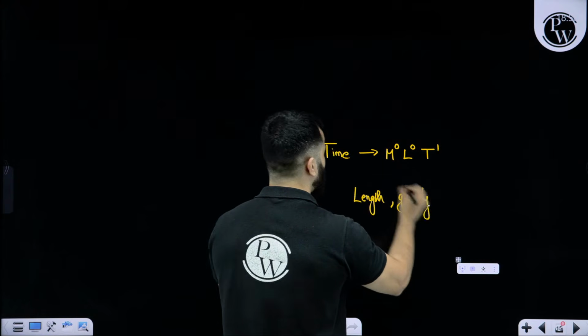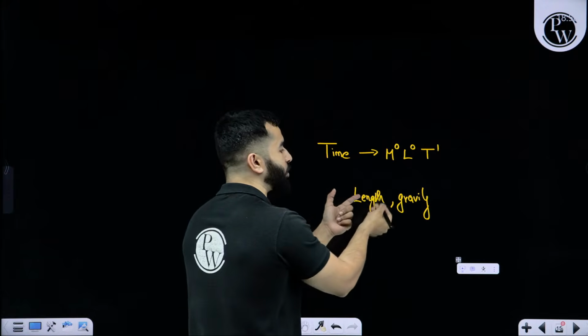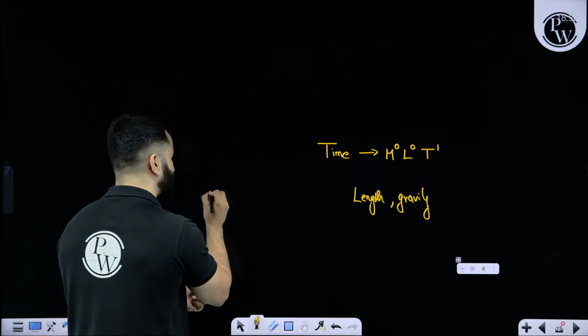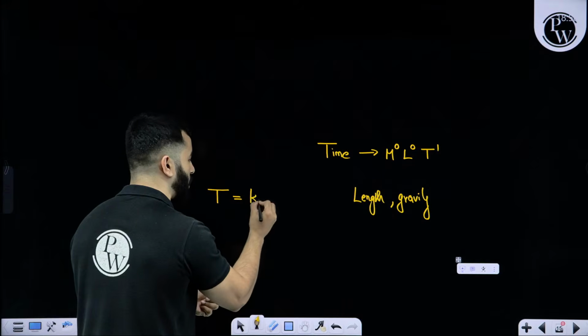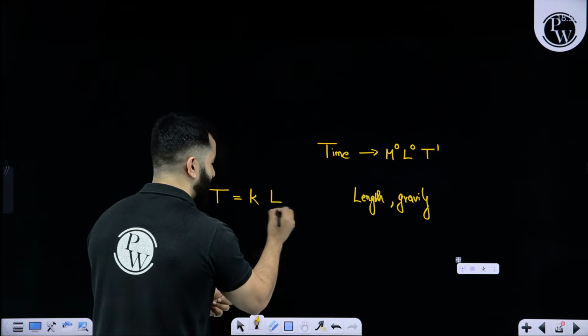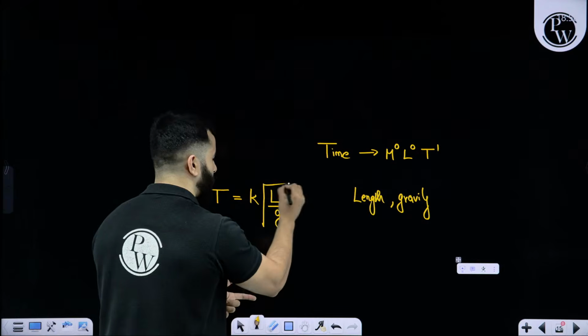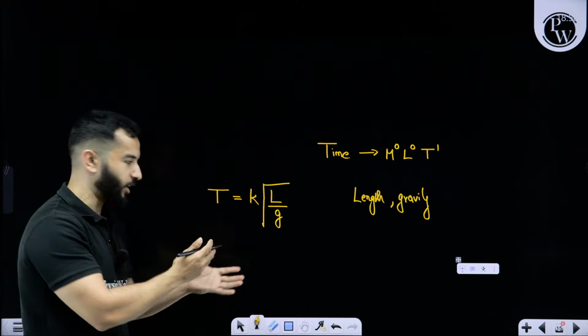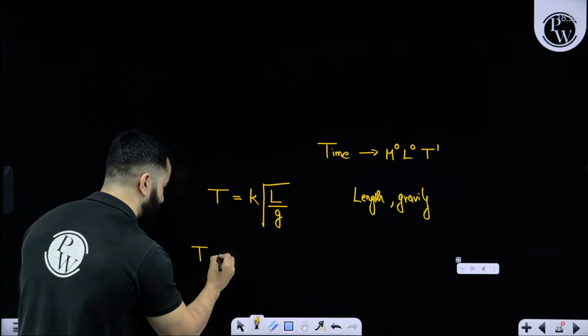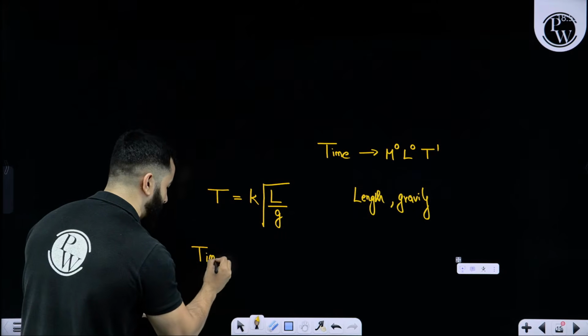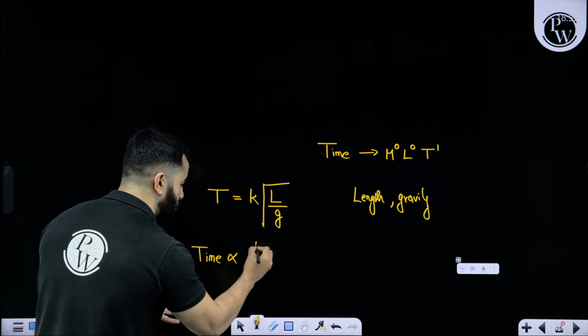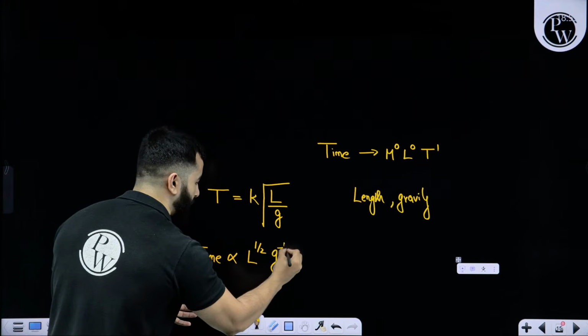Now tell me how you are going to write down time in terms of length and gravity. You are going to say, fine, it will be written as some constant k times (L divided by g) whole raised to the power 1 by 2. Which means time depends upon length raised to the power 1 by 2, g raised to the power minus 1 by 2.